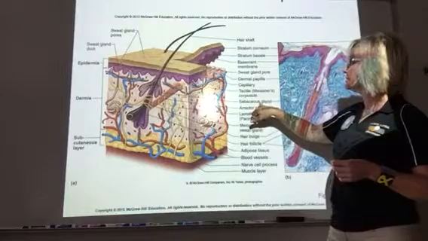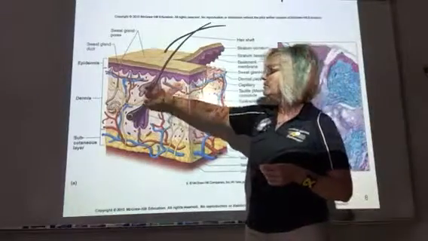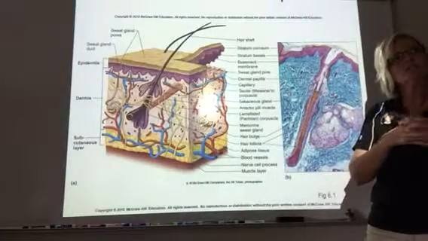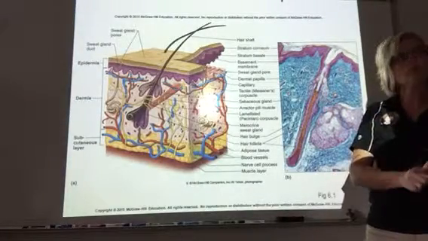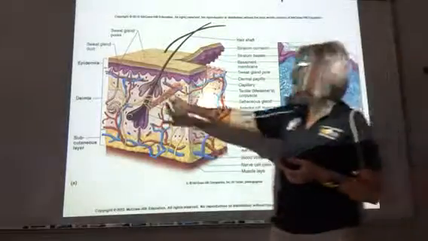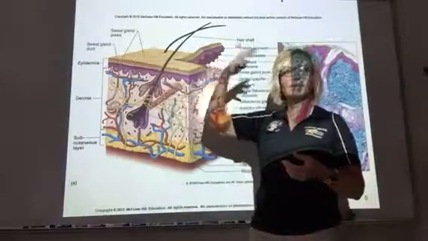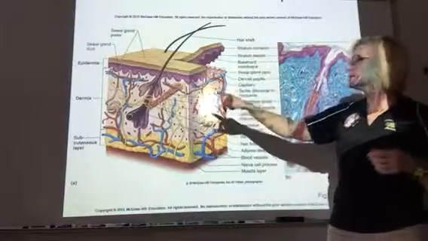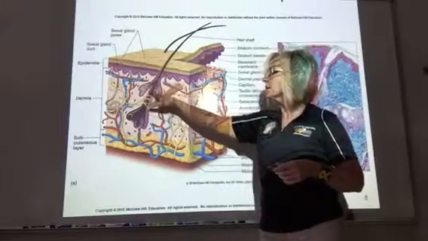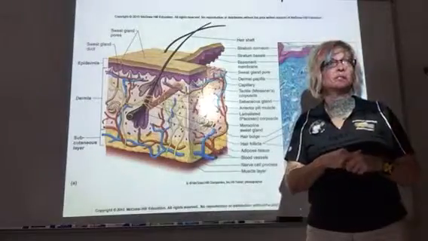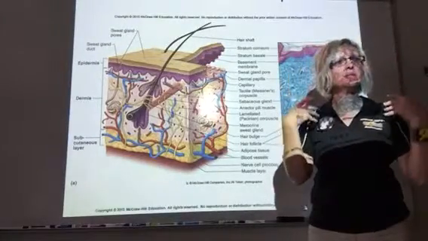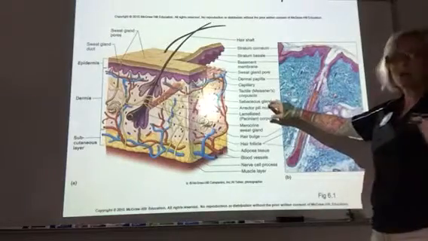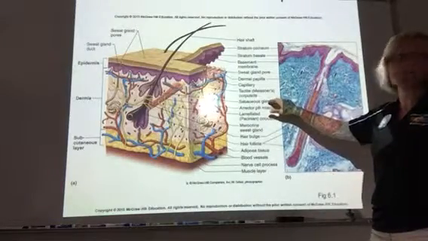The sebaceous gland is found around your hair follicle and secretes oils. Without it, even the hair on top of your head would stand straight up. It produces oils that tame down and coat your hair.